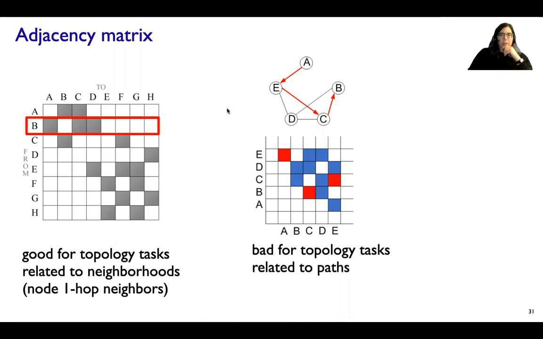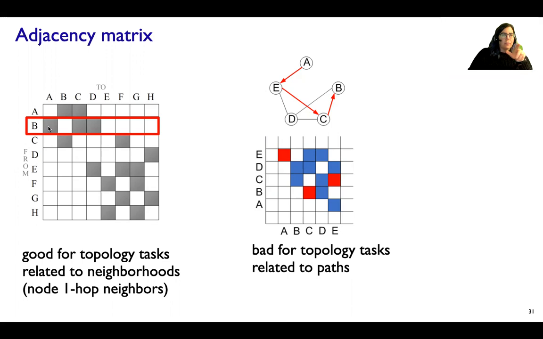But quickly saying, well, what are the one-hop neighbors of B? In the graph, we might have to say, oh, I have to follow this. Let's see, there's D, and there's C. These are actually not identical graphs here.